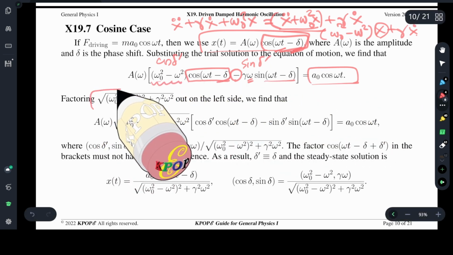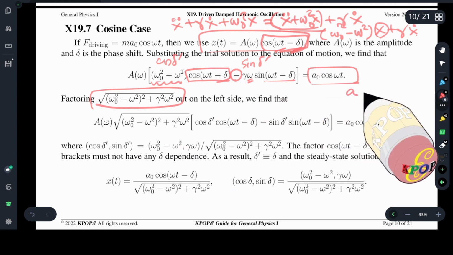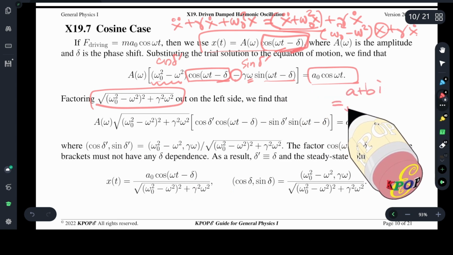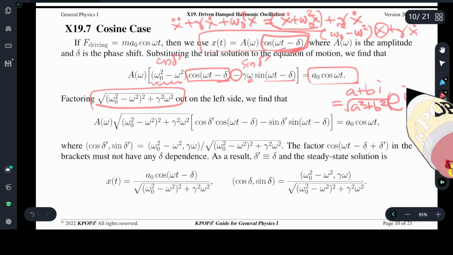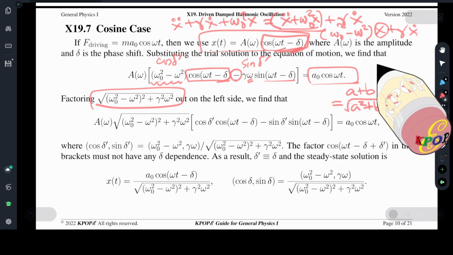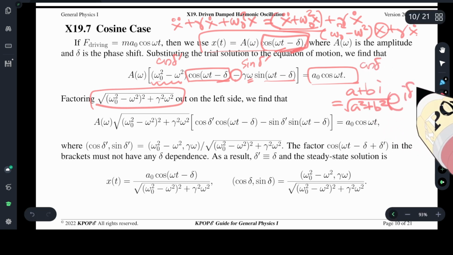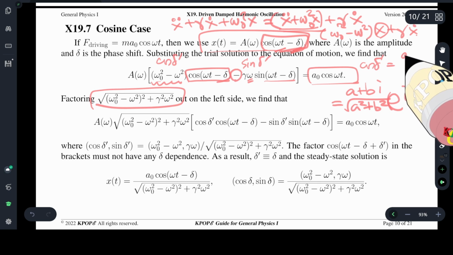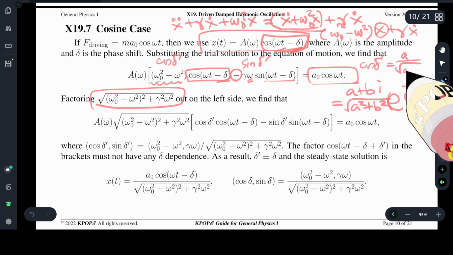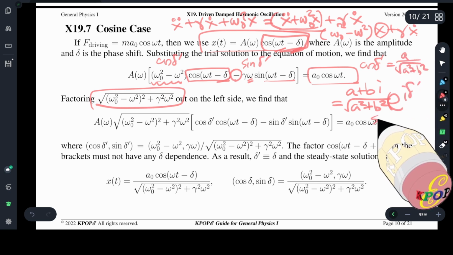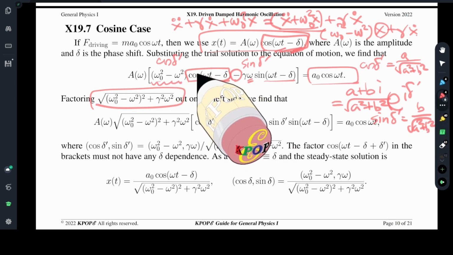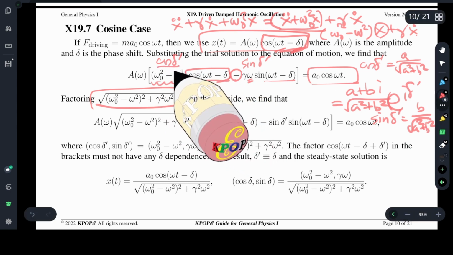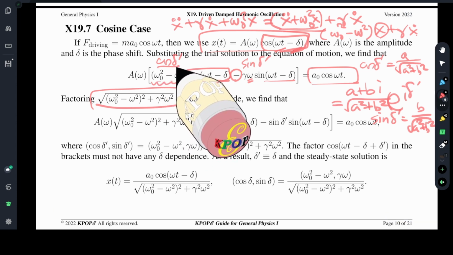If I pull this out, this is a plus bi, then it is the square root of a squared plus b squared times e to the i delta, where cosine delta prime equals a over the square root of a squared plus b squared, and sine delta prime is b over the square root of a squared plus b squared. All right, this is the reason why I have parameterized this with cosine and sine.